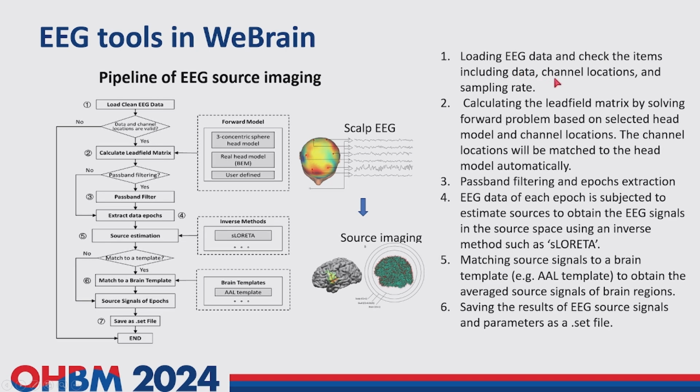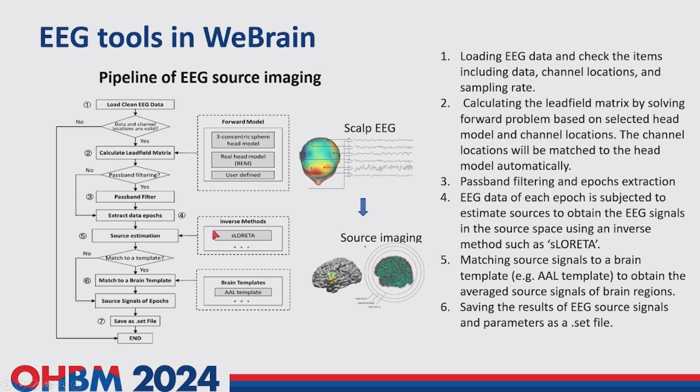The pipeline of EEG source imaging provides a tool to obtain the source signals of EEG or ERP data. After loading the EEG data and checking the data, the channel location, and the sampling rate, the lead field matrix is calculated by solving the forward problem based on the selected head model and channel locations.